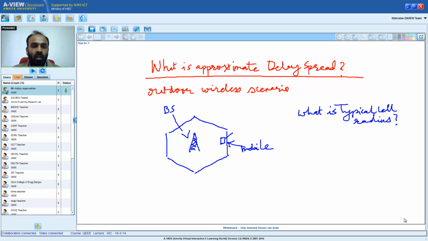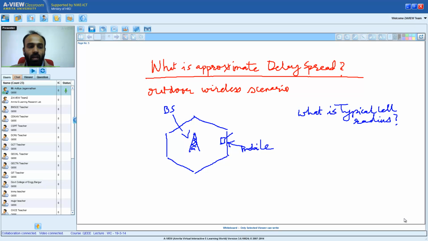Outdoor communication, in a typical cellular environment, what is the typical radius of the cell?